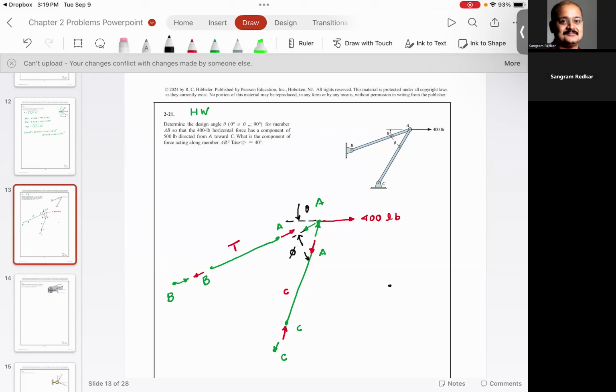If you want to solve this problem, it might be instructive to define all the angles with respect to a consistent coordinate system, which means your first force would be at angle theta and your second force would be at angle theta plus phi.